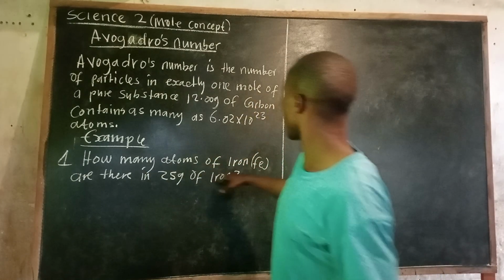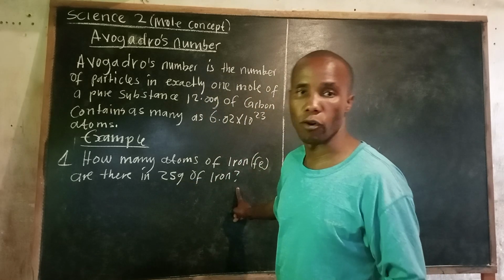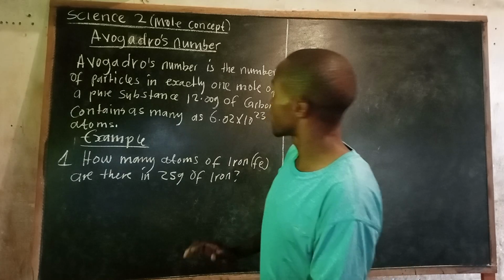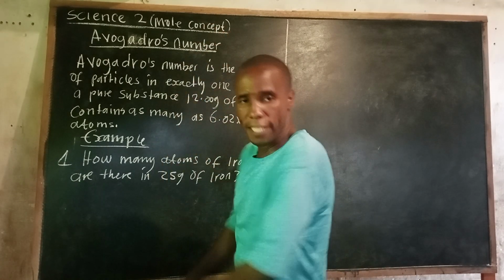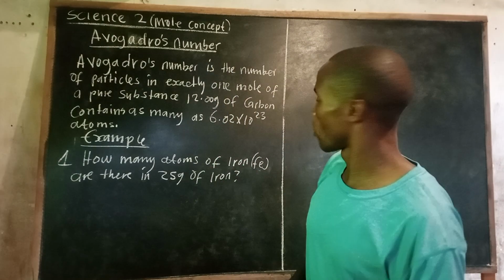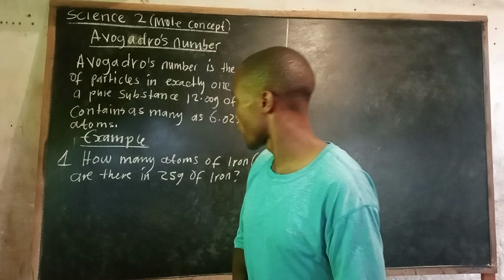So now, having known that, we can answer this question. How many atoms of iron are there in 25 grams of iron? Remember, in chemistry, more especially when you are dealing with questions under mole concept, you should have a periodic table, because mass number and atomic numbers are very important there.